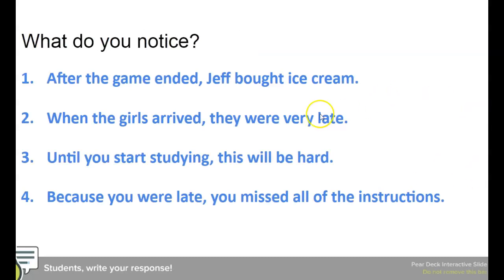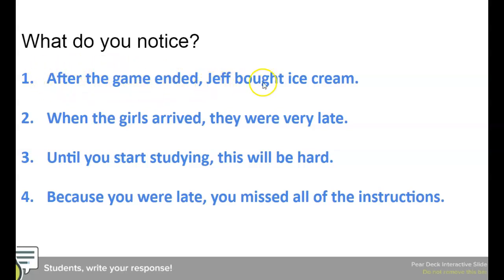Hopefully you've noticed that there is a comma in every single sentence. Then if you looked to the left of the comma, so right here, after the game ended, you might ask yourself, is that just a collection of words, or is that a sentence?